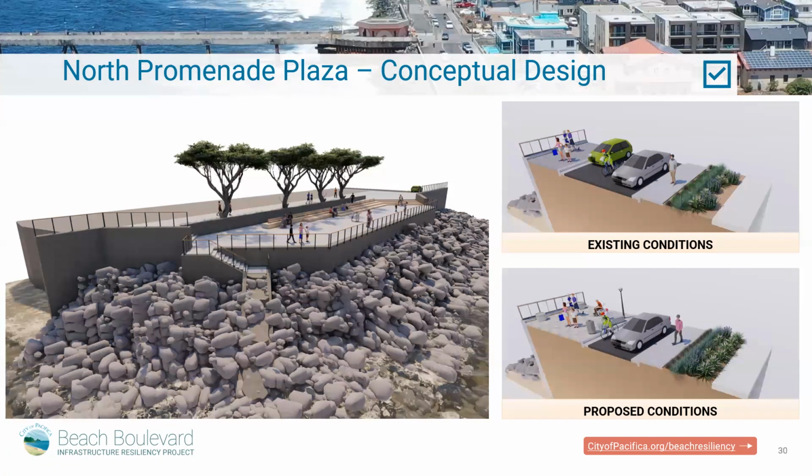So we have some areas where you can widen out the promenade. On the visualization here, you can see a lot of the elements I discussed in the plan view, where we're providing ADA ramp access down to a viewing platform, giving the opportunity to sit, enjoy, relax, read, and engage with the shoreline and beach in a different environment than along the upper promenade.